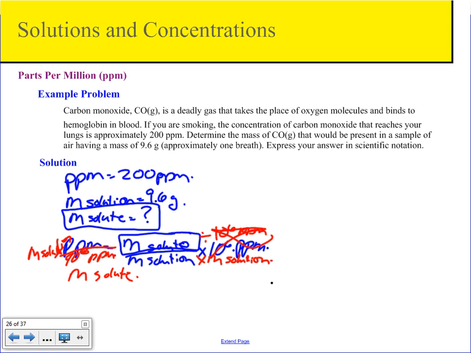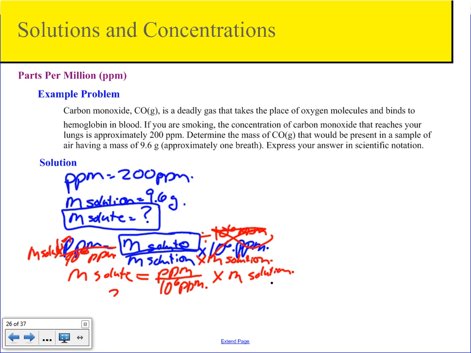Leaving me with the mass of my solute is equal to the parts per million that I have divided by 10 to the 6, or a million, and I'm going to times that by the mass of my solution.